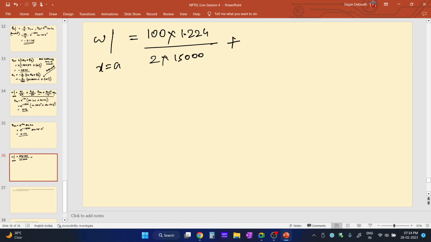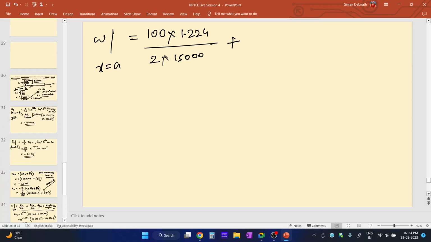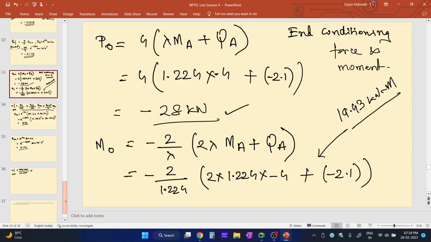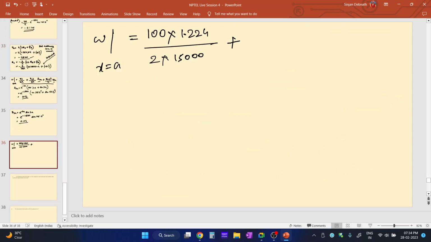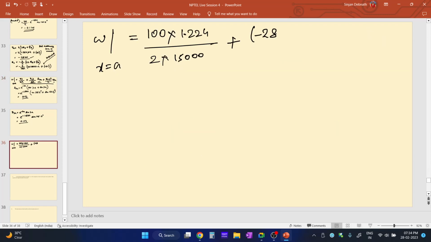Plus P0 lambda by 2k into A lambda A. What is P0? That is the end conditioning force. And what is the end conditioning force? We have found out, end conditioning force is minus 28 kilonewton. So P0 lambda by 2k into A lambda A. What is lambda?